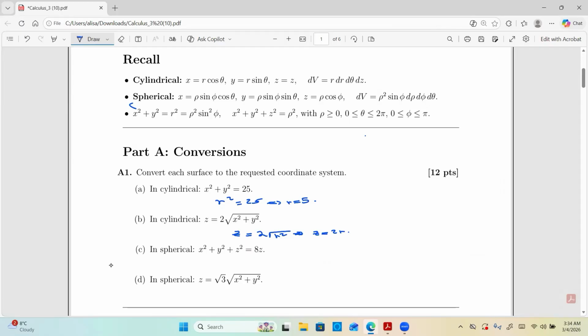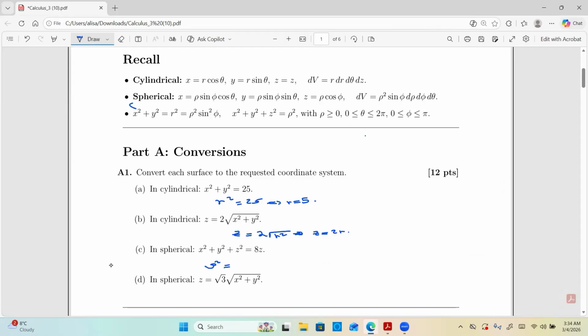Since we see x squared plus y squared plus z squared, to simplify the shape of this surface, it makes sense to use spherical. And indeed, this is a sphere up to a rearrangement of terms. But here we don't need to rearrange terms. We can just see that the sum of these three is rho squared based on spherical coordinates.